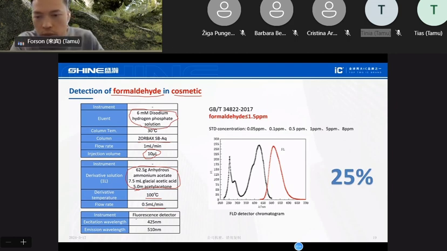And also uses the FLSD detector, and this is the wavelength here. In China, the standard must be lower than 1.5 ppm. This is the standard number.